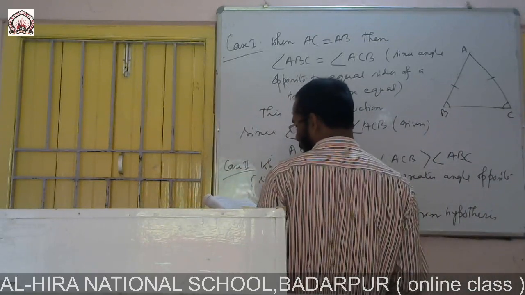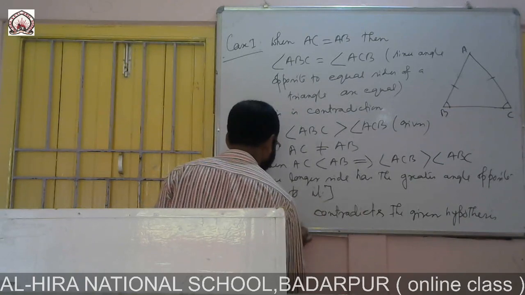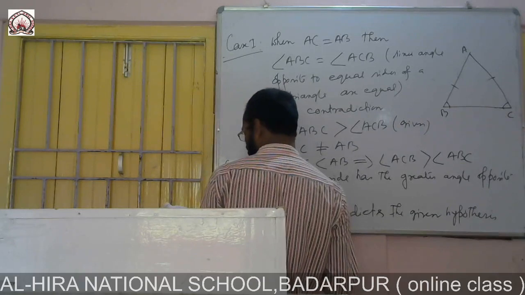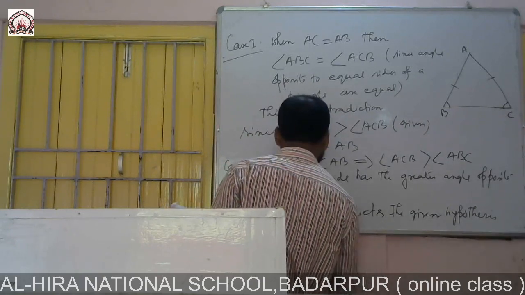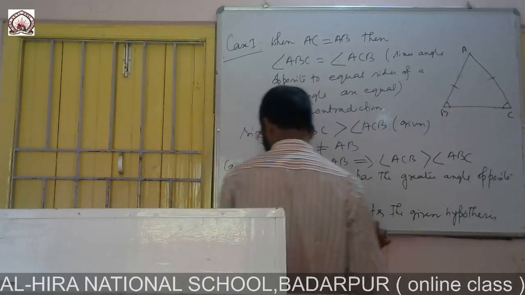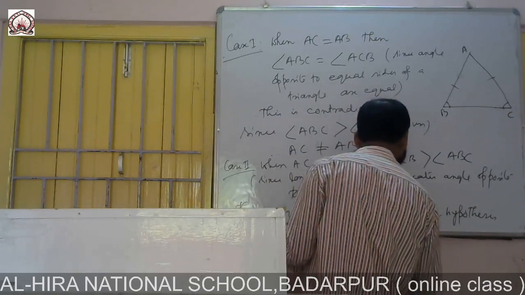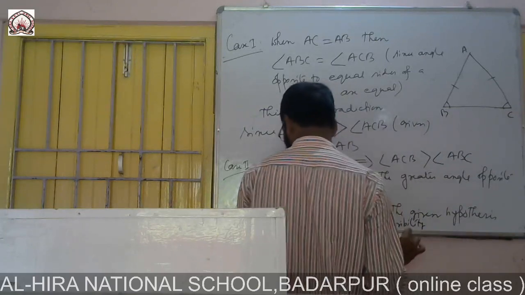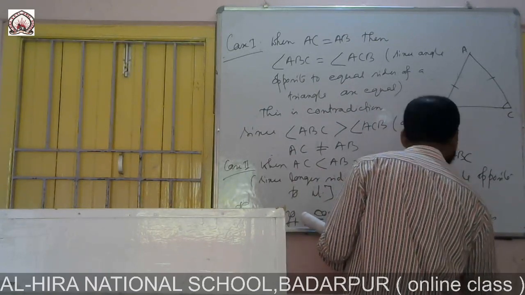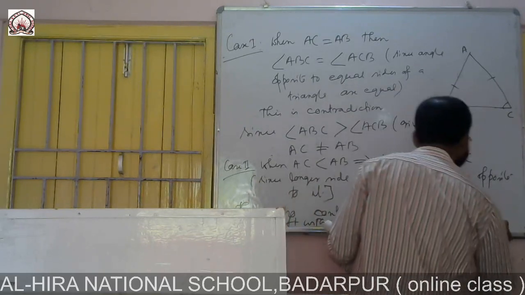Thus we are left with the only possibility, AC greater than AB, which must be true.